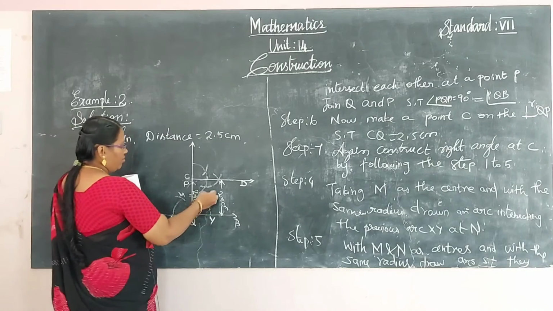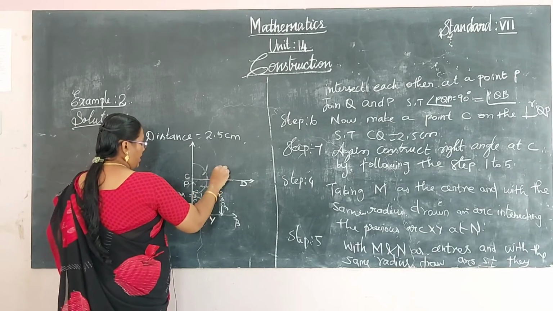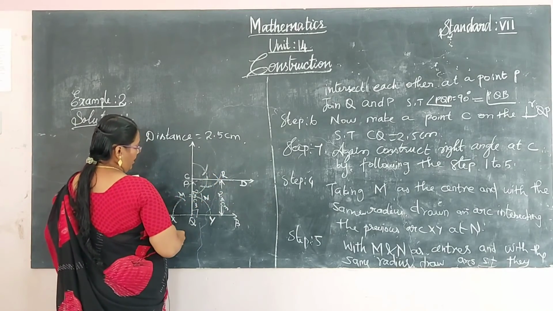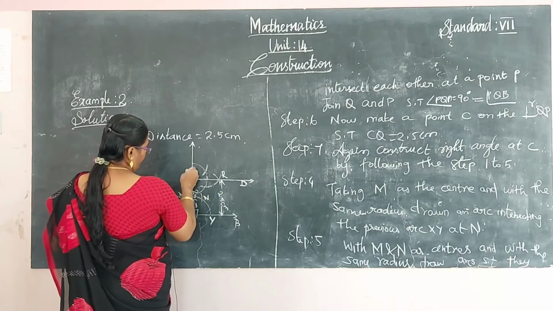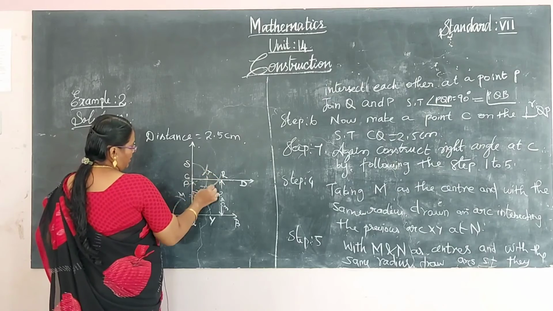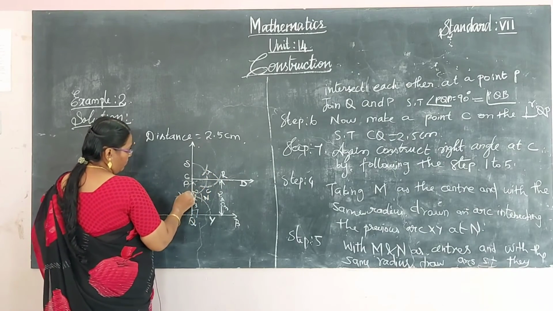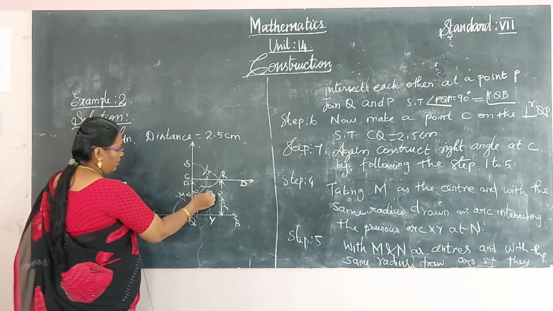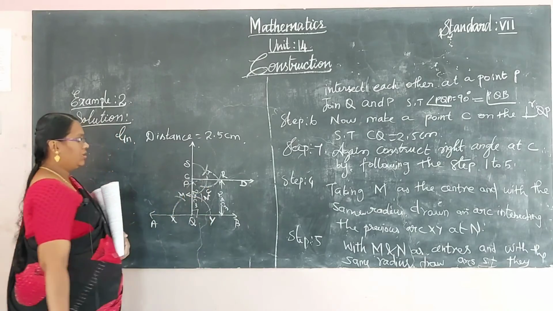Okay, or we can write R. Here S T U V, okay, U, this intersecting arc.